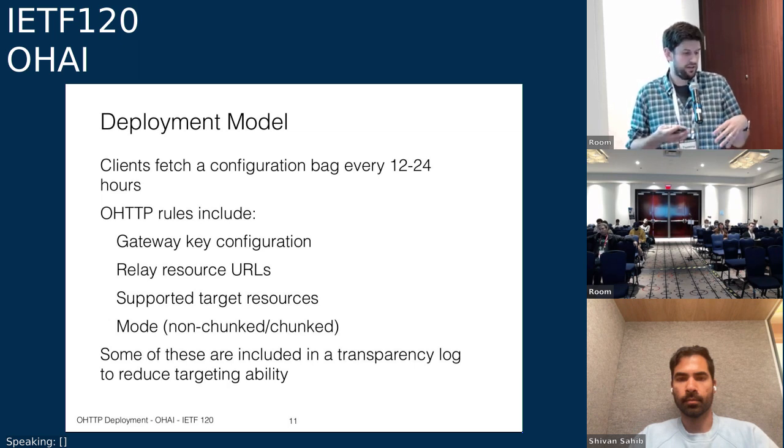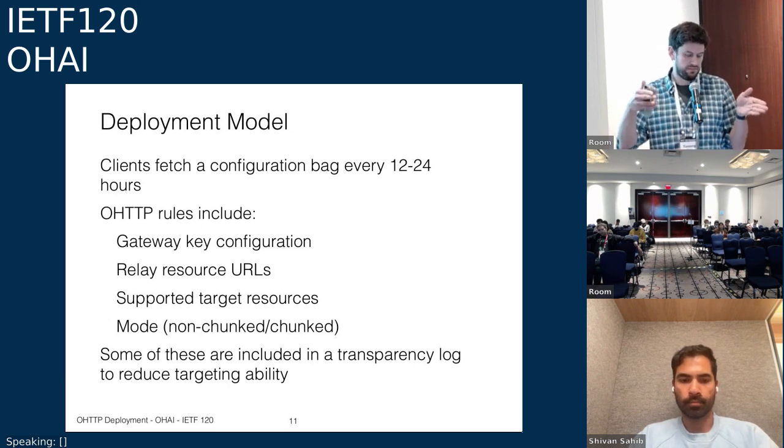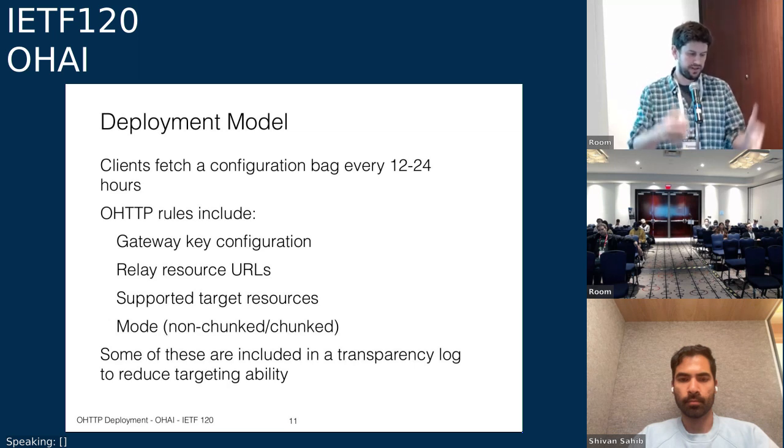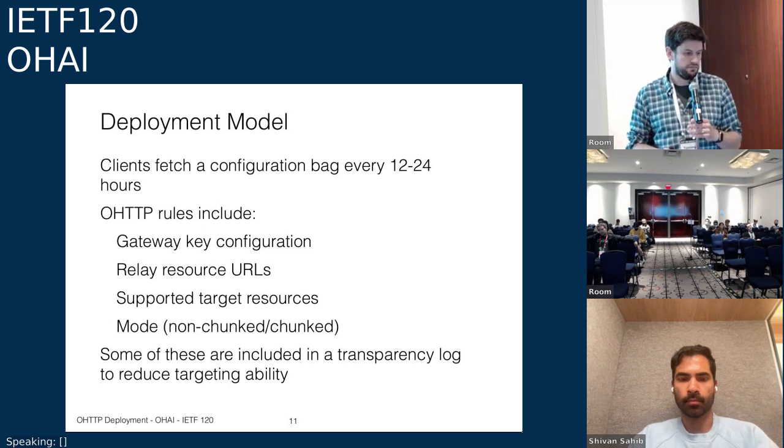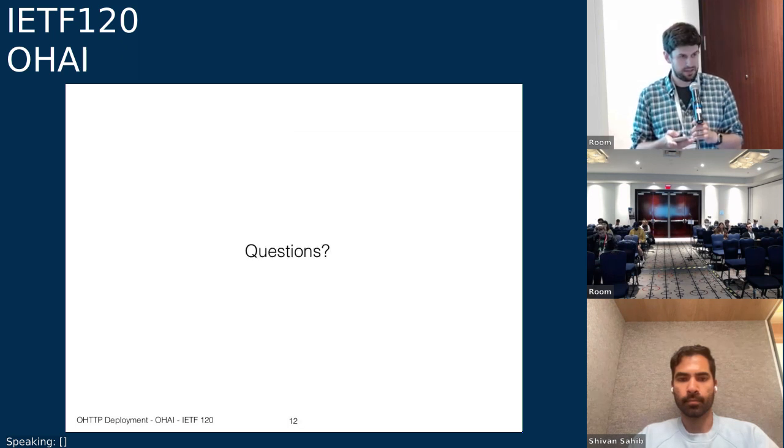So this is essentially one model of how you can get the information about OHTTP. And it's definitely a proprietary config that the client knows about and is fetching, but it is a way that does work. And I'd be curious to hear if other people have experience with other mechanisms and if they are similar or different to this. And that's all I have here.